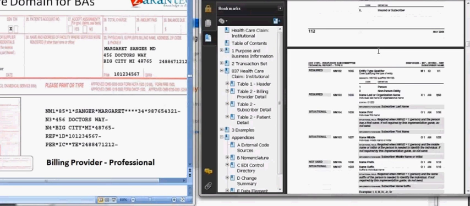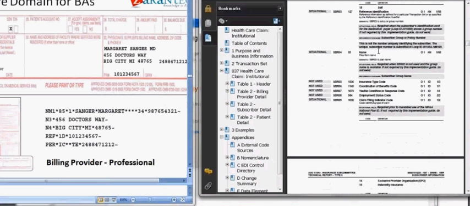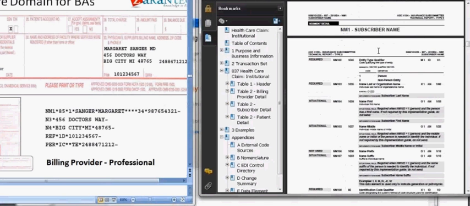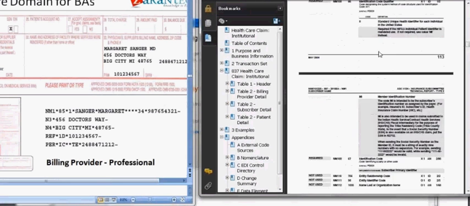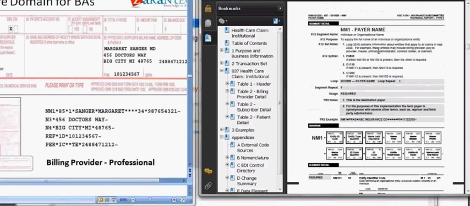I'm finding the billing providers here, for example. Subscribers here. Okay, the billing provider is the NM1 here, the payer name.